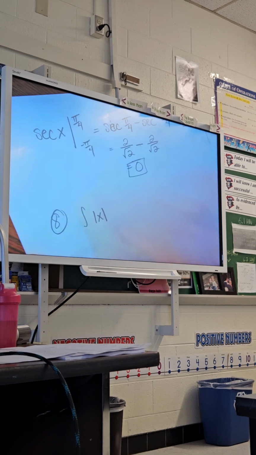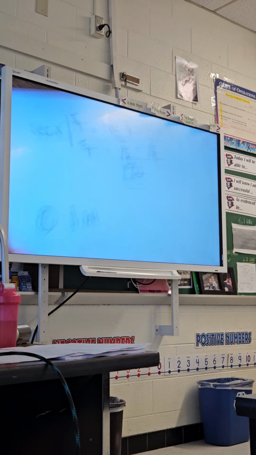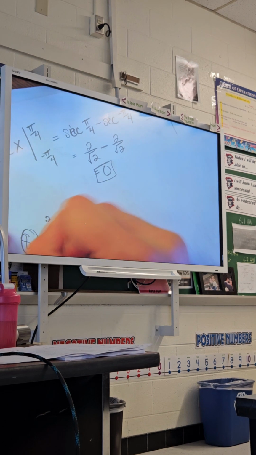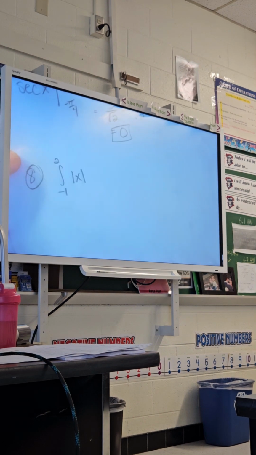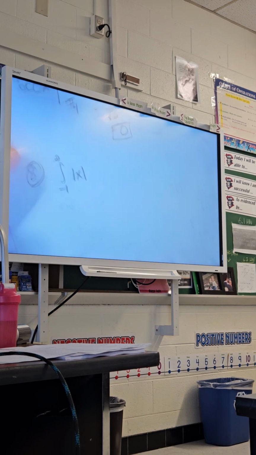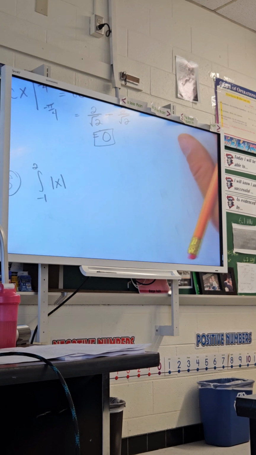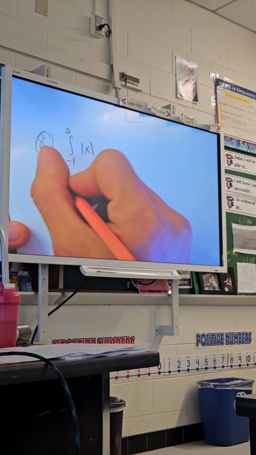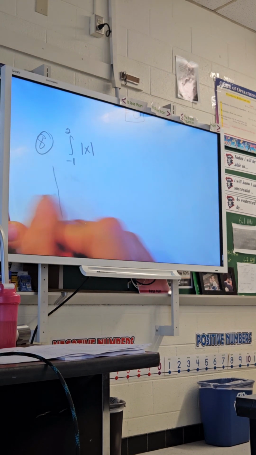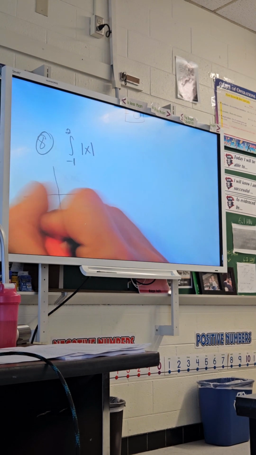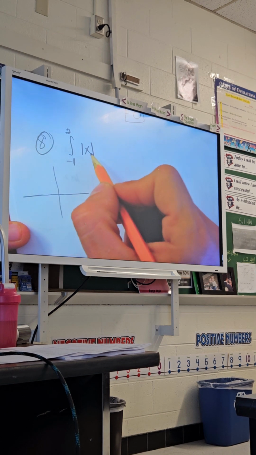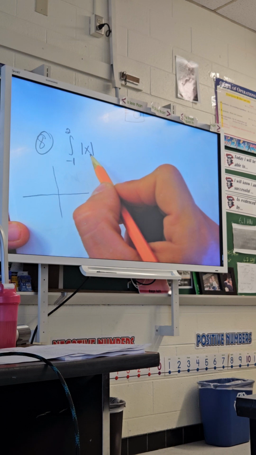Absolute value of x from negative 1 to 2. It's been a while since we looked at absolute value of x. Y'all know absolute values have a positive sign and a negative sign? Y'all remember that?